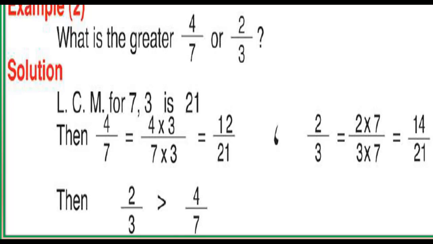Which one is greater, 12 or 14? Now we have the same denominators, 21, but the numerator here is 12 and the numerator here is 14. Well done, 14 is greater than 12, so 2 over 3 is greater than 4 over 7.